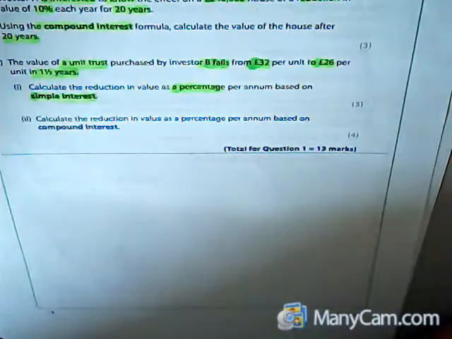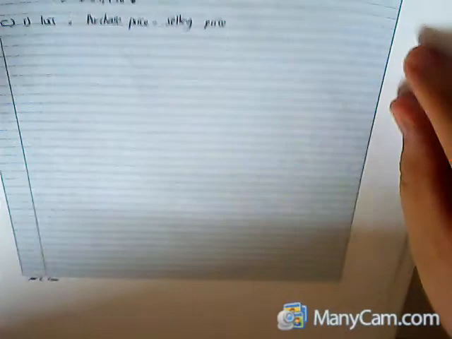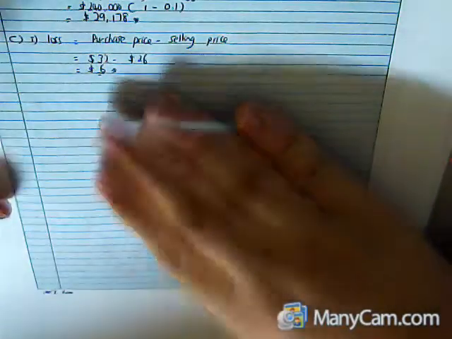The question says we are buying for 32, but we sold for 26. So 32 deduct 26. The total loss will be 6 ringgit. You agree? But once you get the loss, it's not yet the answer.